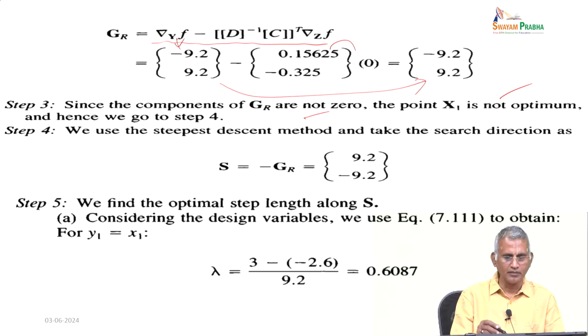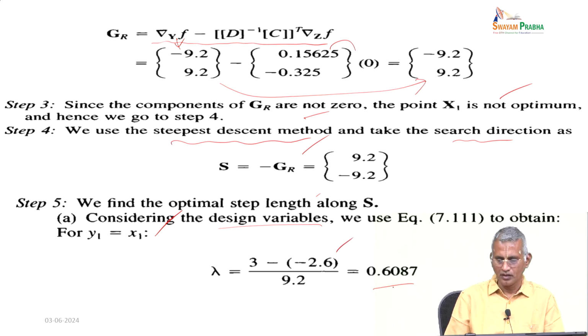Step 4 is nothing but the steepest descent method, and take the search direction S equal to minus GR equal to 9.2, minus 9.2. So, we find the optimal step length along S and consider the design variables. Use equation 7.111 to obtain y1 equal to x1, and we have lambda equal to 3 minus of minus 2.6 by 9.2, which is equal to 0.6087.